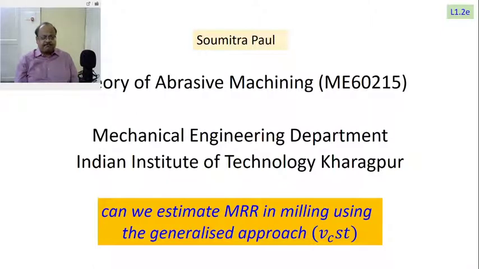Estimation of material removal rate in face milling, learning that, is that going to be useful for any kind of grinding process? Yes, there is a very similar, kinematically similar grinding process which is called vertical spindle surface grinding, where the same kinematics of face milling is used.